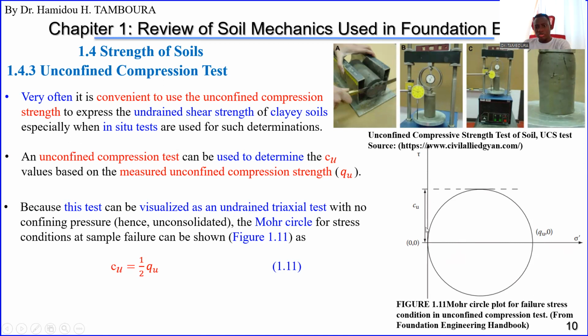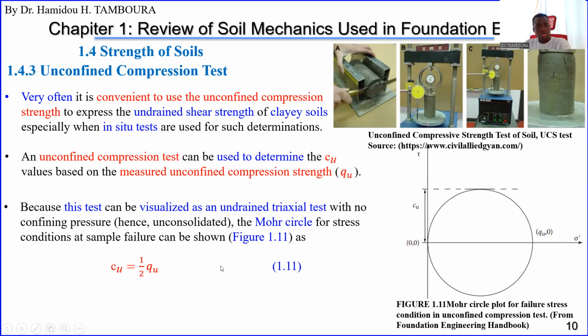As you can see, the diameter of this circle is QU, and the radius of the circle is CU. In that case, it's very simple: you obtain CU by dividing the compression strength by 2. CU is half of QU, and the formula is here.